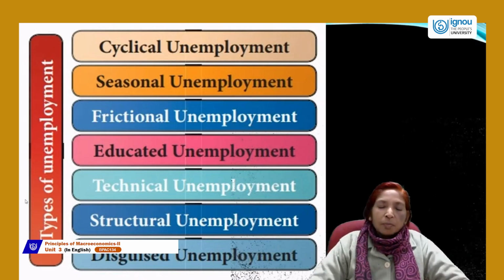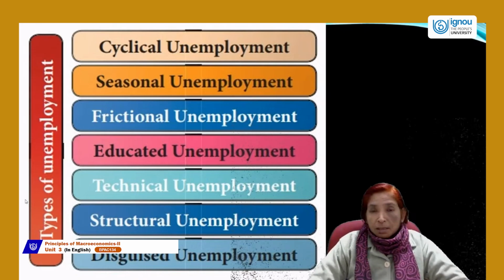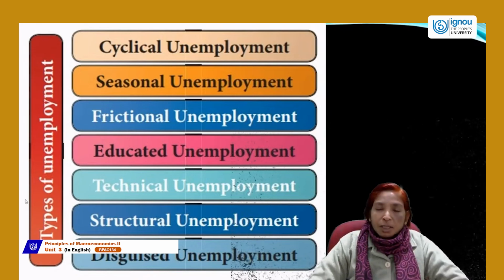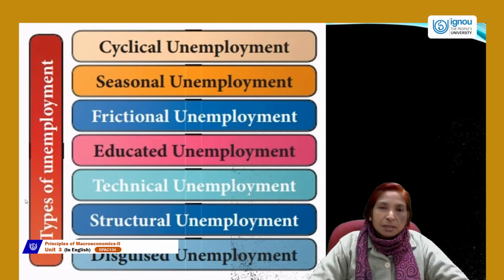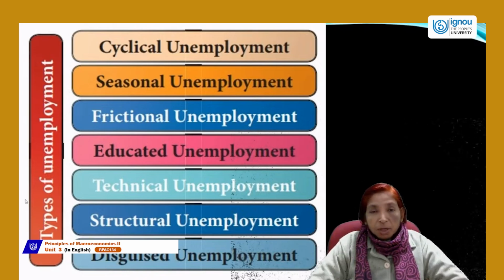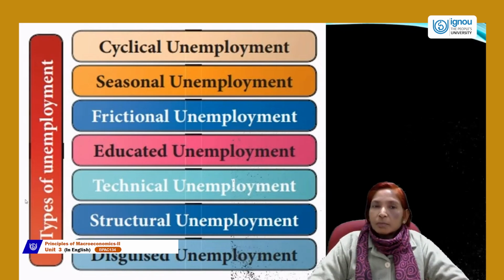So, structural unemployment basically exists when our country's infrastructure is not good, and if infrastructure bottlenecks or some loopholes exist in an economy, then this type of unemployment exists because production will be disturbed.